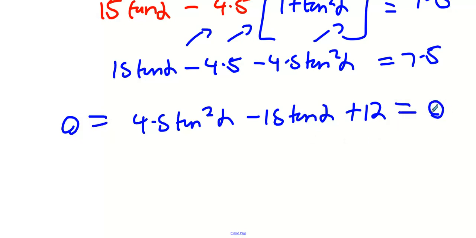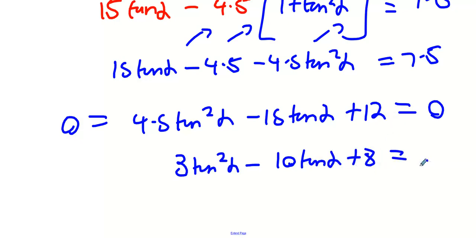We can do the minus b formula. I'm going to divide everything by 1.5. You can do the minus b formula, whatever suits you. Okay? If I divide everything by 1.5, I get 3 tan squared alpha minus 10 tan alpha plus 8 equals 0. And then I can factorize that. For argument's sake, I'm just going to let it equal x. Is that okay?